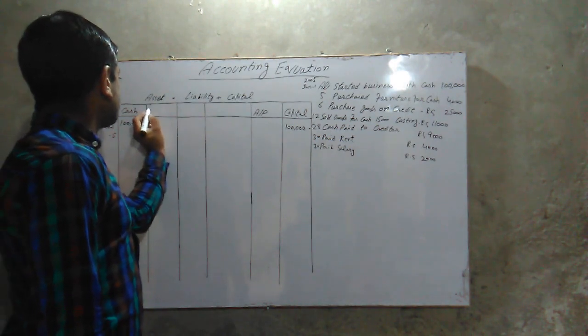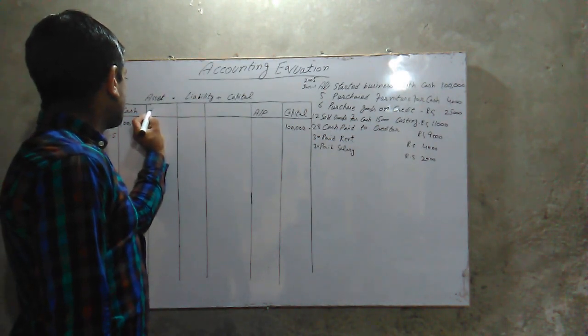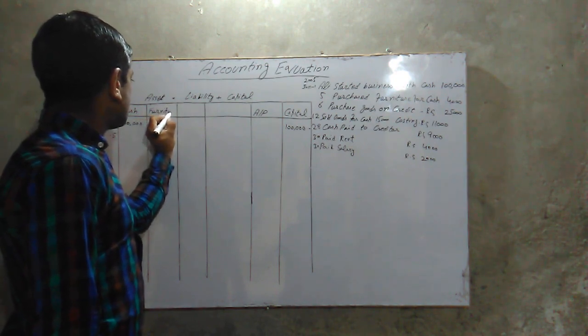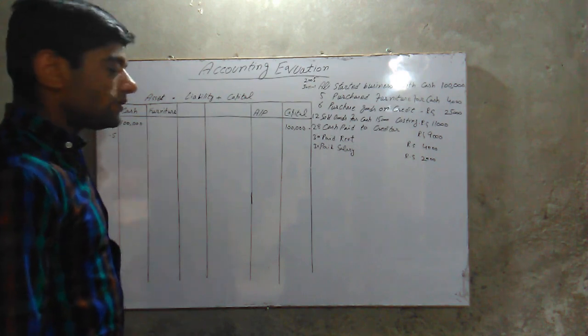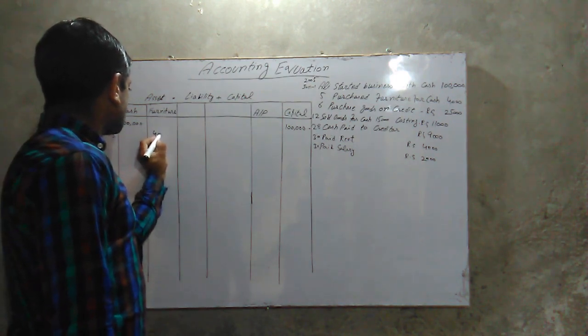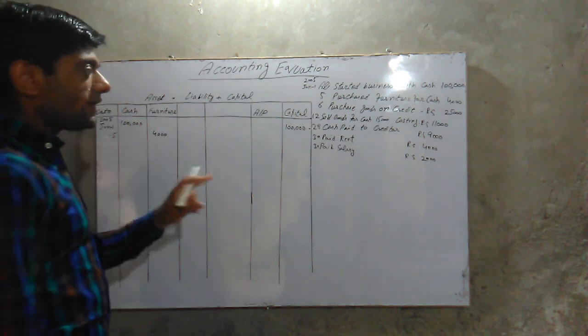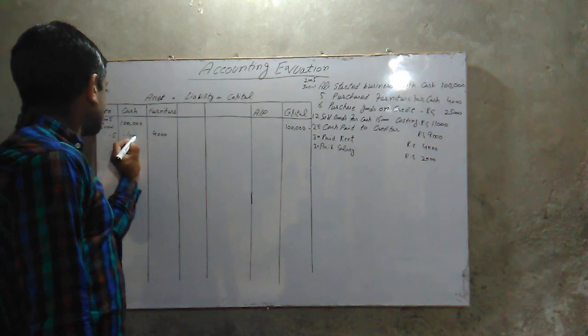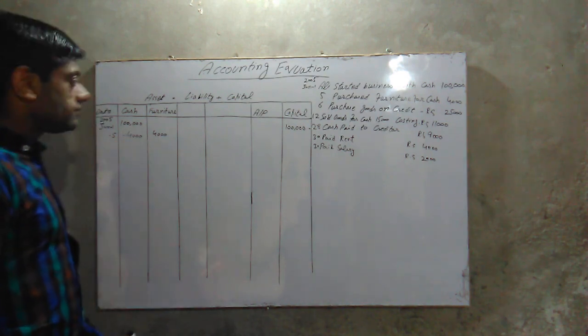So now we post it in furniture: furniture 4,000, and paid cash, less 4,000.